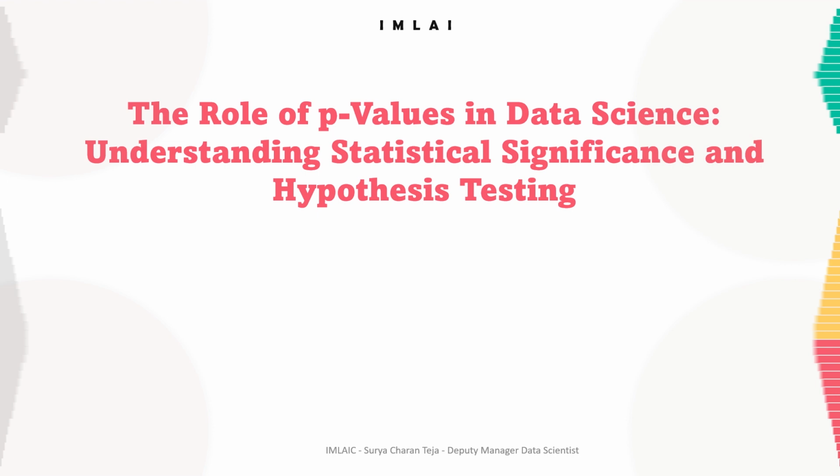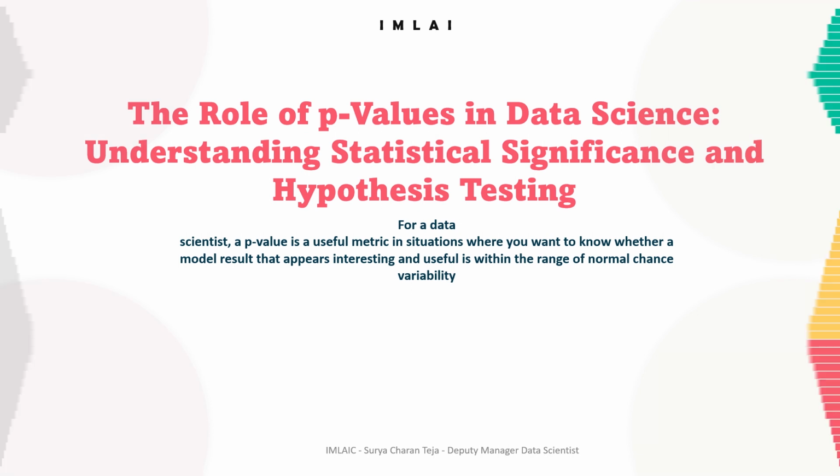The work that data scientists do is typically not destined for publication in scientific journals. So the debate over the value of a p-value is somewhat academic. For a data scientist, a p-value is a useful metric in situations where you want to know whether a model result that appears interesting and useful is within the range of normal chance variability or not.